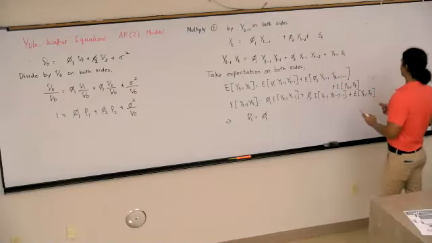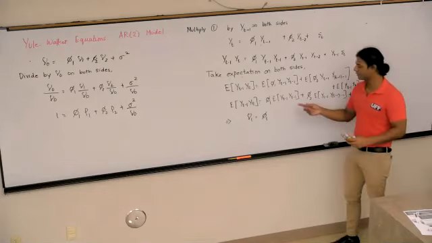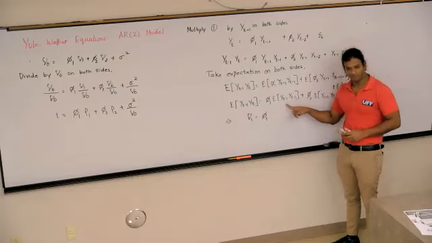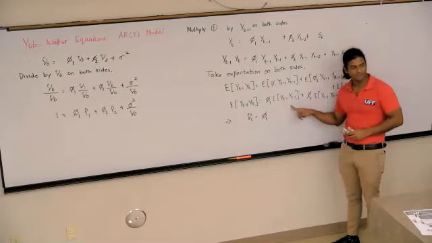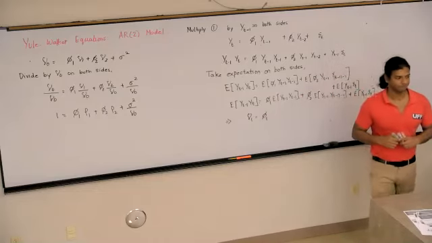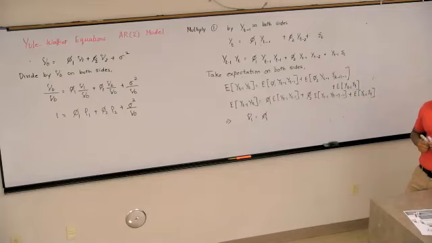So if I call s equal to t minus 1, this would just be y sub s multiplied by y sub s.